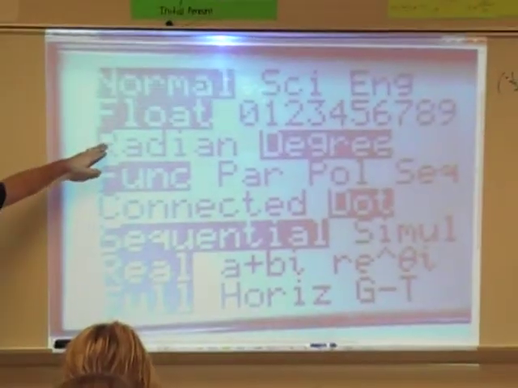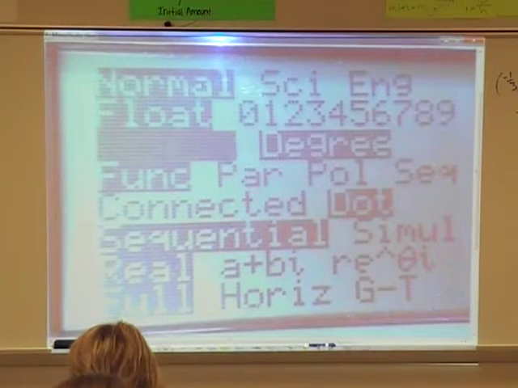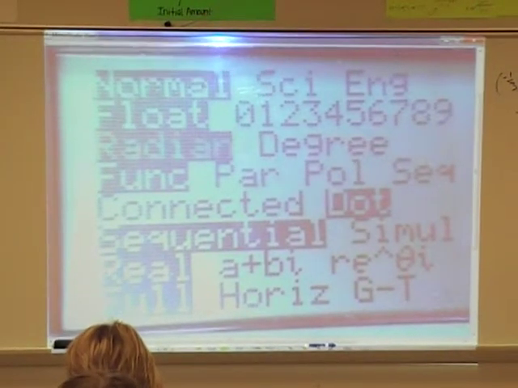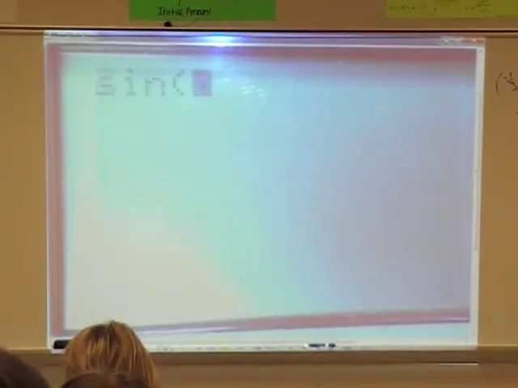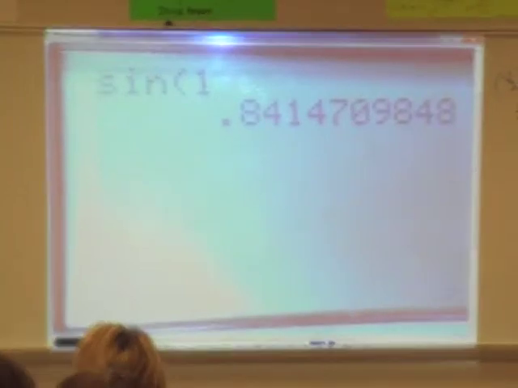Go down to radian and hit enter. You need to be in radian mode. And then hit second quit. Now hit sine of 1. And that'll give it to you exactly.